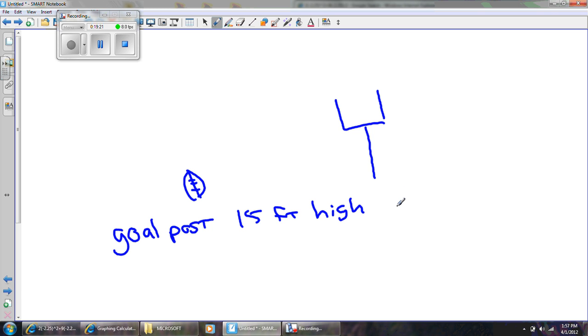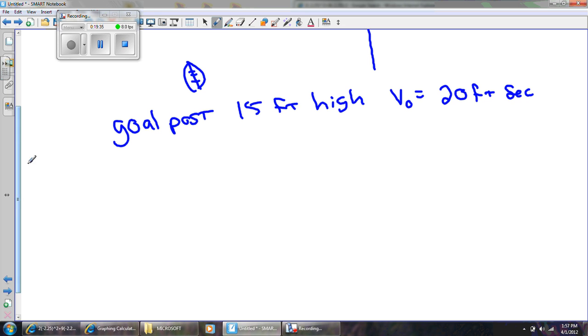Our initial velocity is going to be, say, 20 feet per second. Can the ball go through the goalpost? Now, the equation we need is the one I'm using a lot lately: h equals negative 16 t squared plus v sub o t plus s.